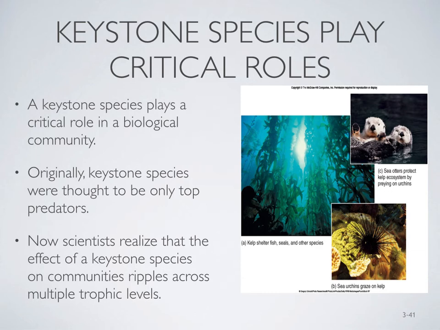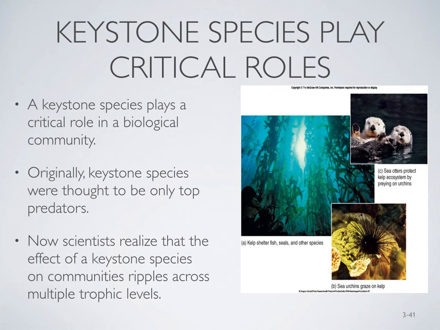Tropical fig trees, for example, bear fruit year-round at a low but steady rate. If figs were removed from a forest, many fruit-eating animals would starve in the dry season when fruit of other species is scarce. In turn, the disappearance of frugivores, or fruit-eating animals, would affect plants that depend on them for pollination and seed dispersal.